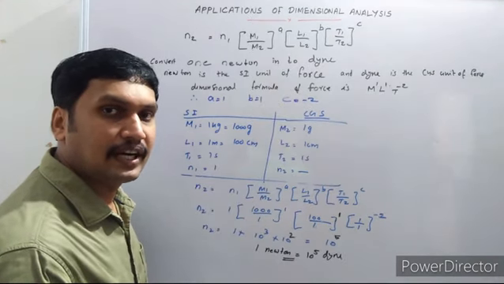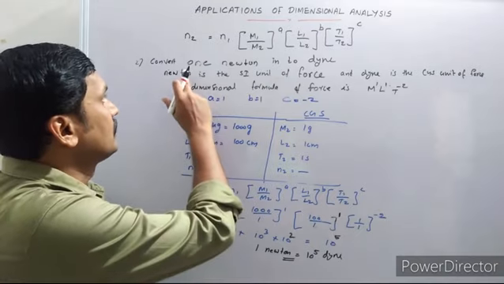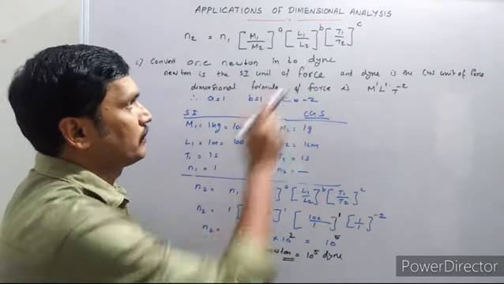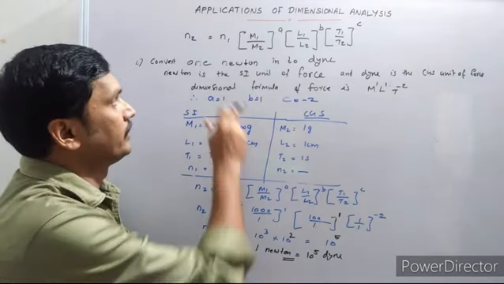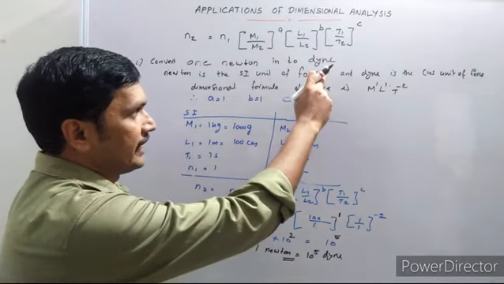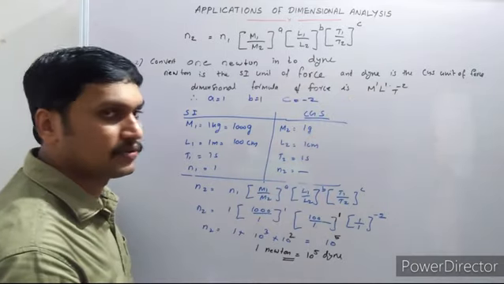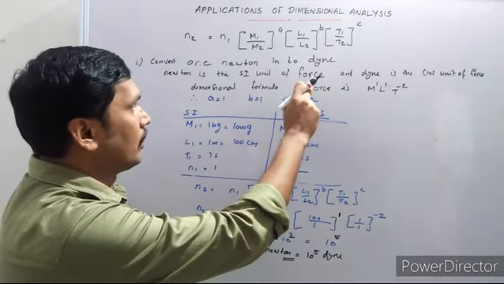Now let us see another example. Here we want to convert 1 Newton into dyne. You know, the Newton is the SI unit of force and dyne is the CGS unit of force. First find the dimensional formula of force.